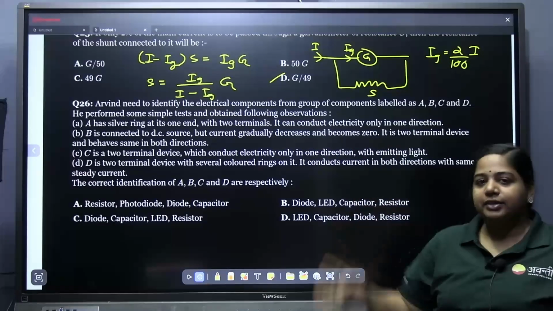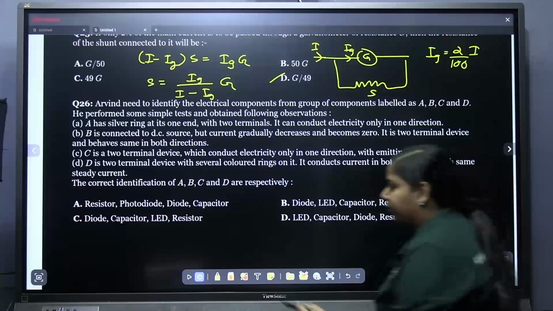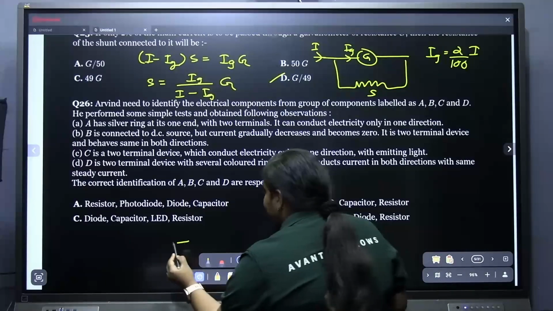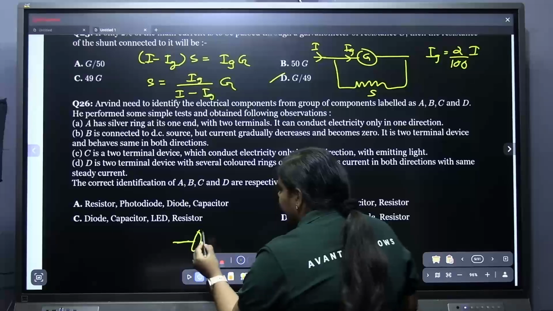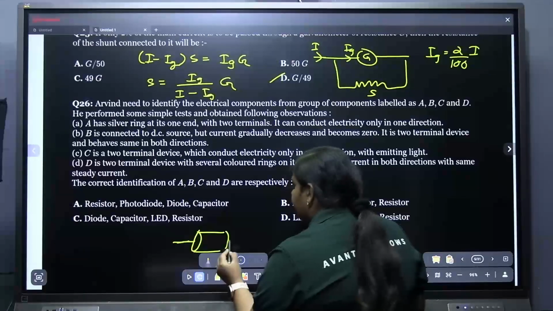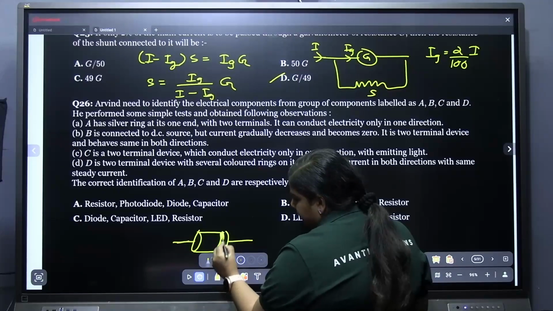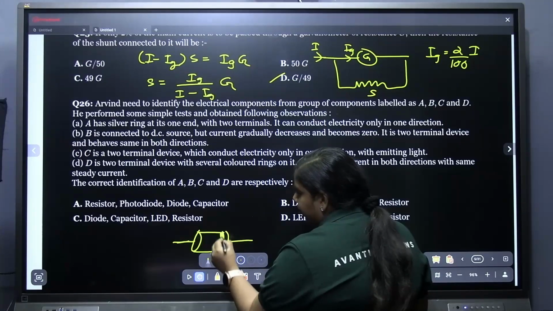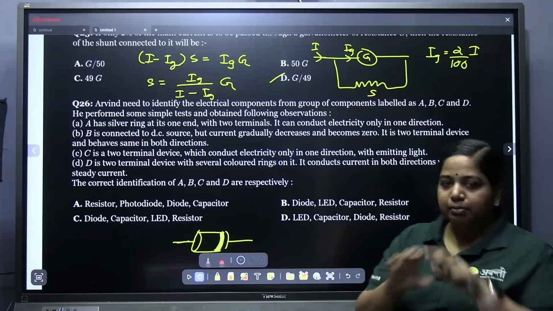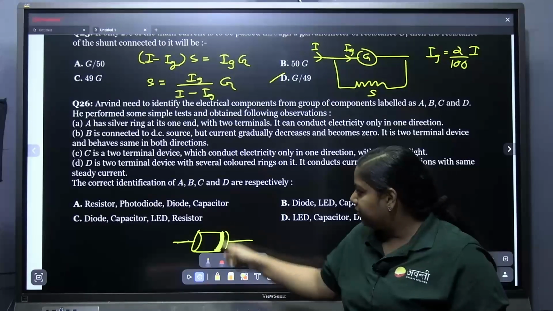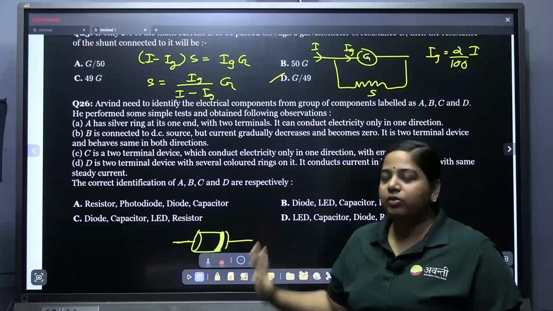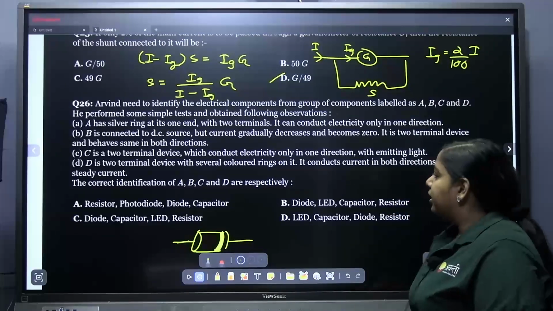That is directly saying it is a diode. I think you did the Zener diode experiment. A diode looks like this: a black thing, but one silver-colored ring will be on one end. So A is a diode.